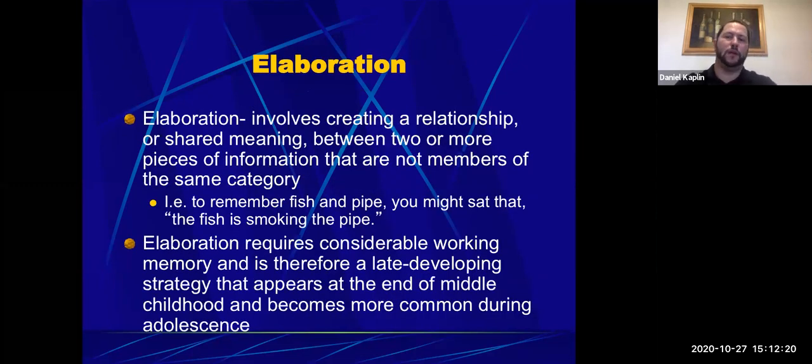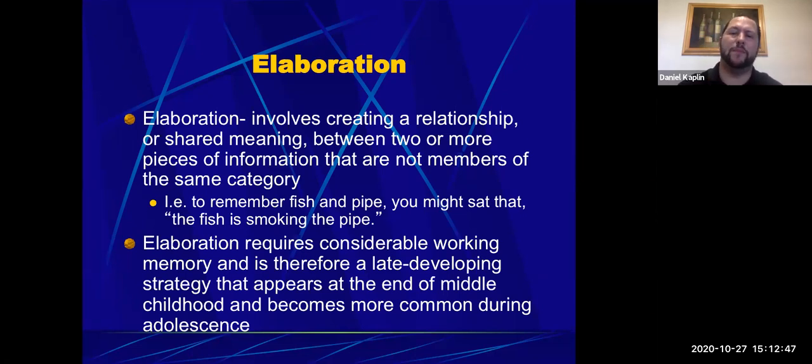Now, elaboration is a strategy as well. So now you're creating relationship or shared meaning between 2 or more bits of information. So let's say you had to remember 2 words that were not members of the same family. I'll just give you the example, then I'll say how this strategy works better.